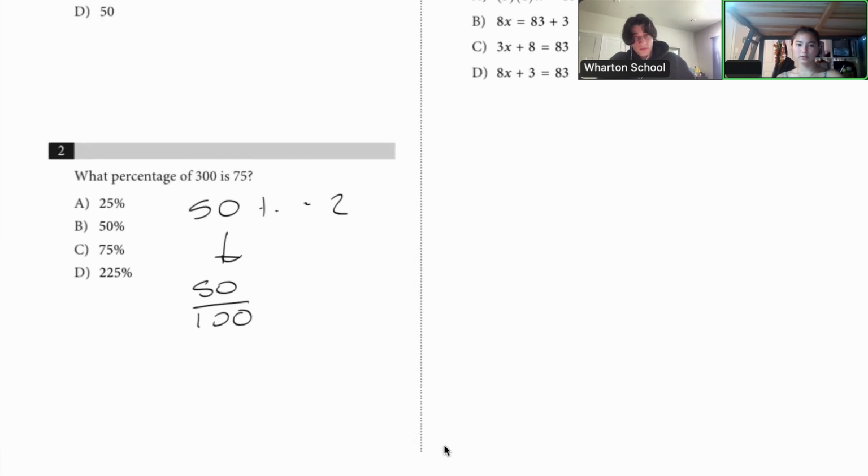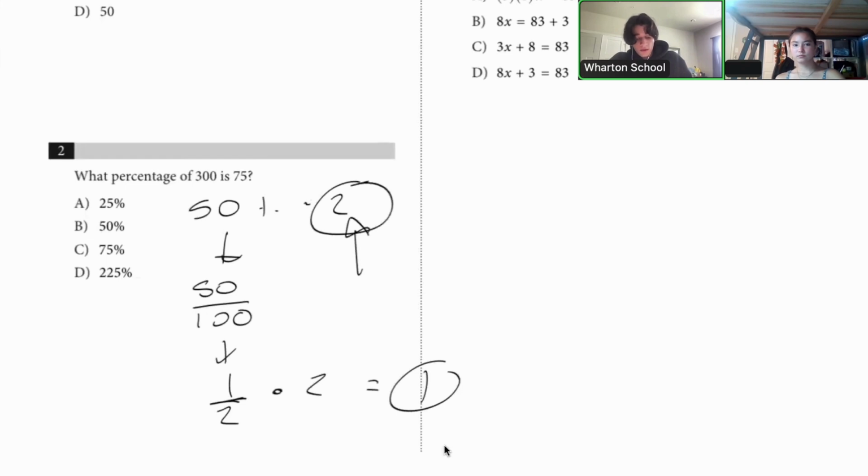And then what's that going to be? 50 over 100? 0.5, right? But what's that as a fraction? Let's keep things as fractions. One half. So what's 1/2 times 2? 1, right? So if the total number is 2, if you get 50%, you got 1.